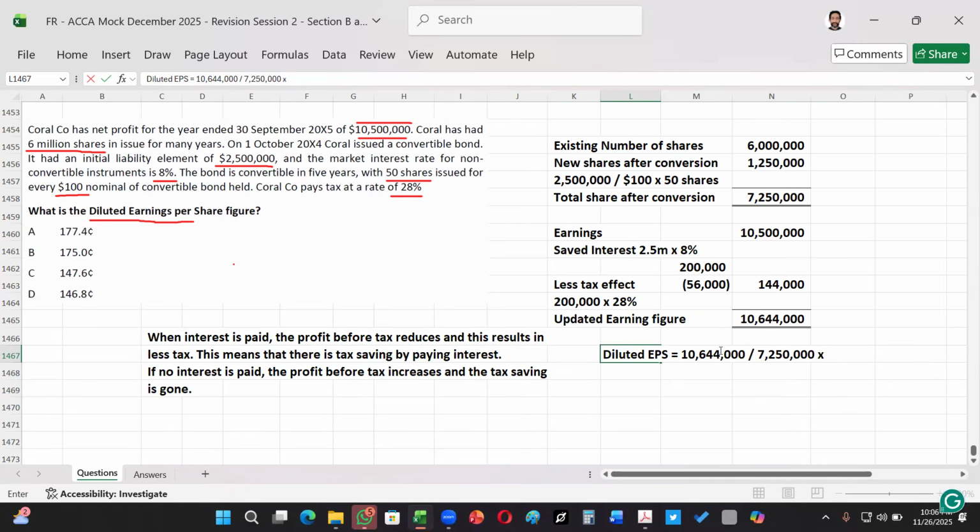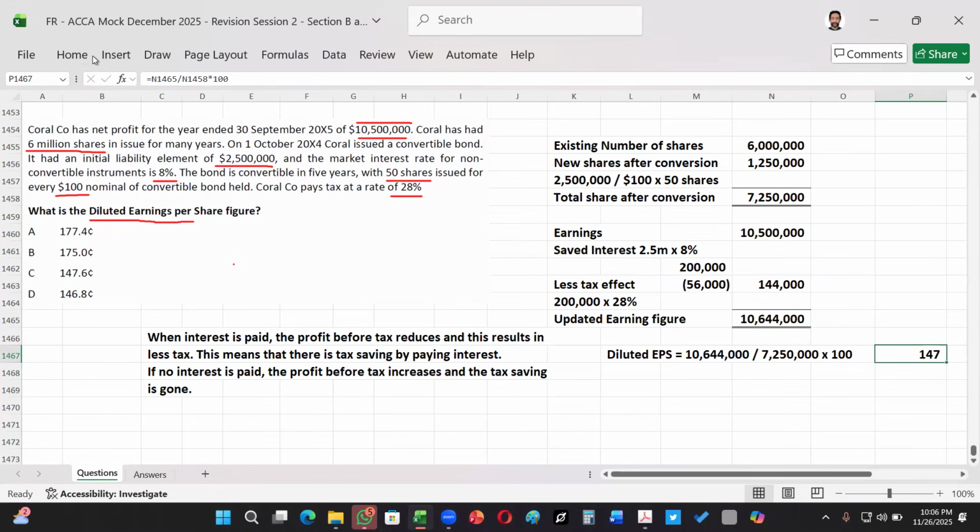Okay, and that would be multiplied by 100, considering the answer is in cents. So let's calculate the value here. This is 10,644 divided by the number of shares multiplied by 100. The answer is 147. So this should be 147.6.